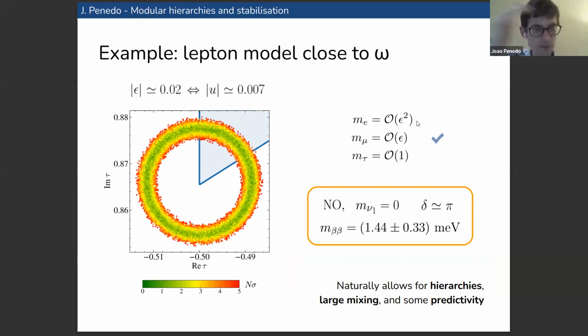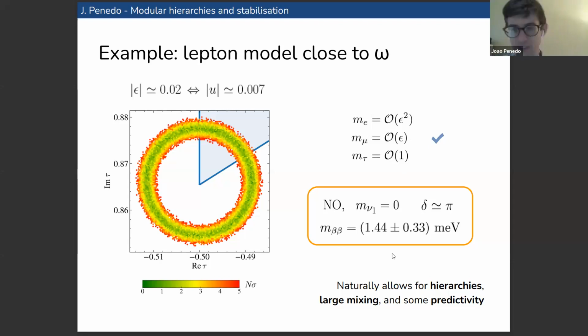The coefficients are determined by group theory and the superpotential constants, which are not hierarchical, and order 1. Like the symmetry mass is 0, and delta is very, very close to pi. So leptonic CP violation is small, with the prediction also of this m beta beta around 1.4.